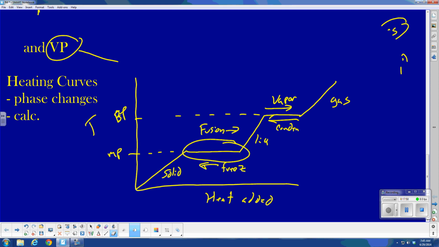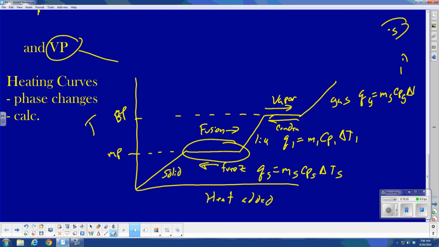And we really have 5 different calculations here. In my solid, it would be Q solid equals M solid, C sub P solid, delta T solid. Here it's Q liquid equals M liquid, C sub P liquid, delta T liquid. And here Q gas equals M gas, C sub P gas, delta T gas.